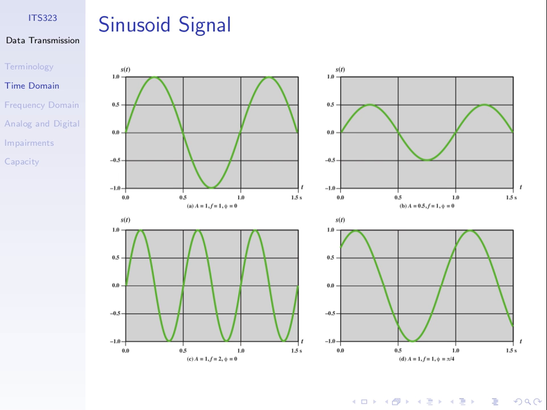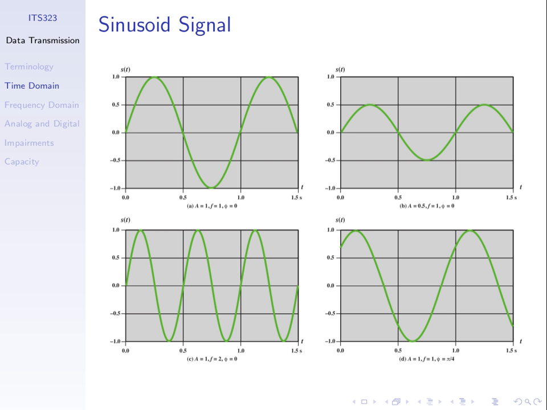What these plots show are 4 different cases of a general signal where we have different values of A, f, and the phase. In the top left case, it may be hard to see, but in figure A we have, actually I'll write the signal, the peak amplitude equal to 1, the frequency equal to 1, and the phase equal to 0.